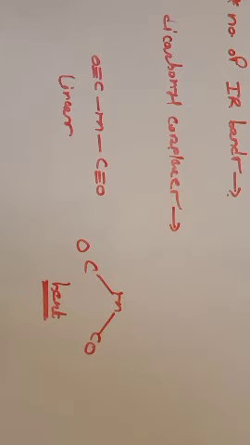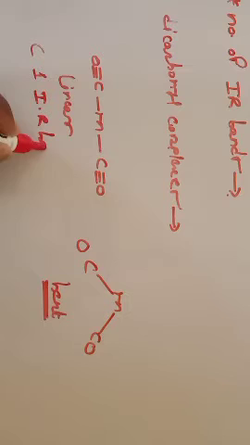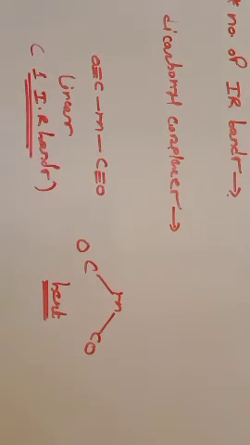For the dicarbonyl complexes, one geometry is linear, another is bent. In the linear case, we get only one IR band, and in the bent geometry we get two IR bands.